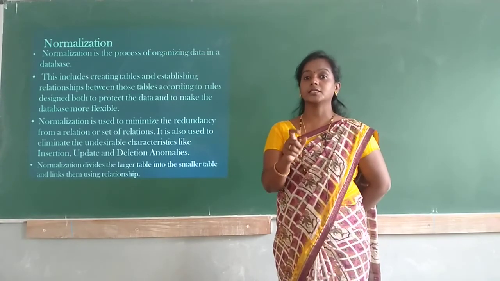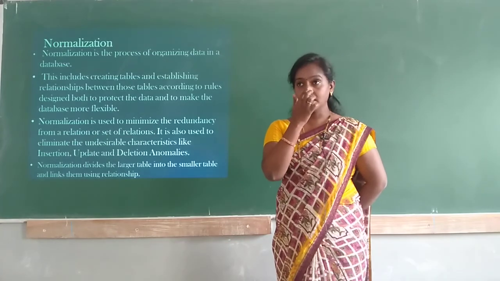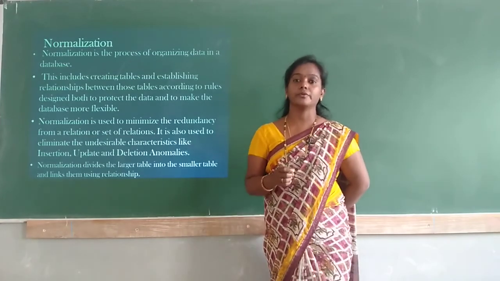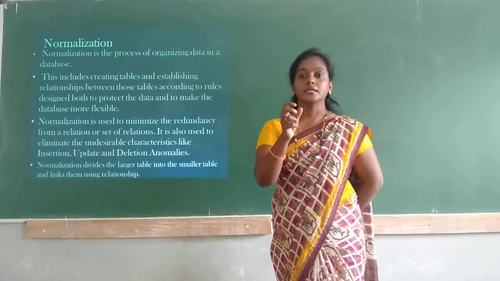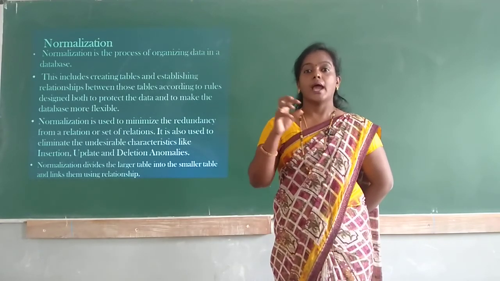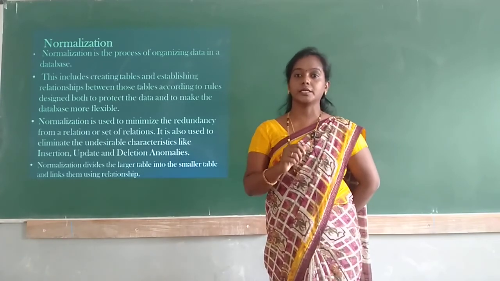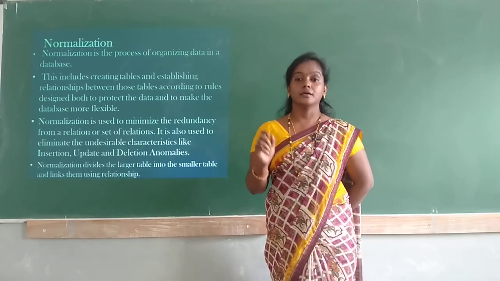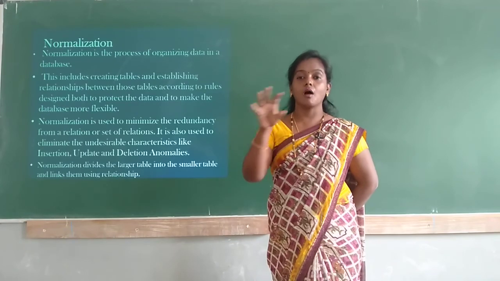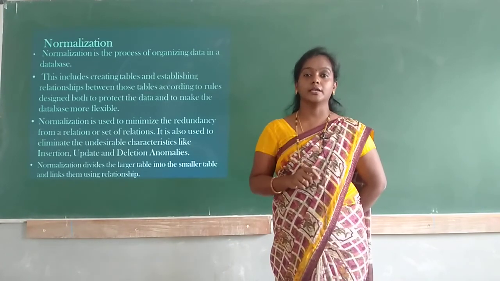What is this relation here? The table. For example, in a student database, we are storing the details of the student in a mark card copy, personal information data and course table. In all the places we are storing the student information.